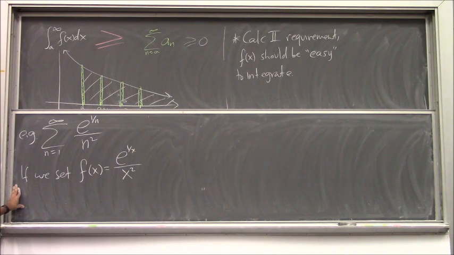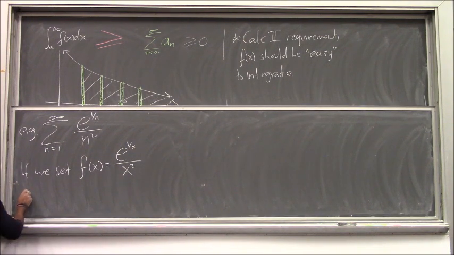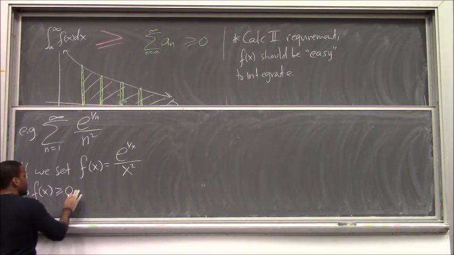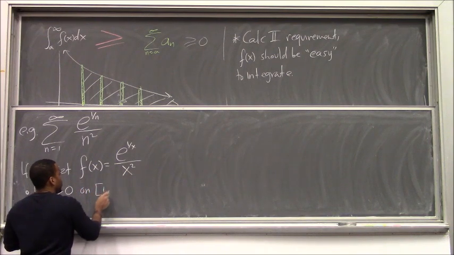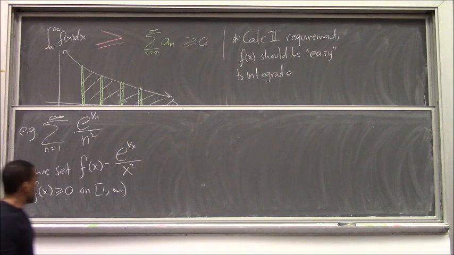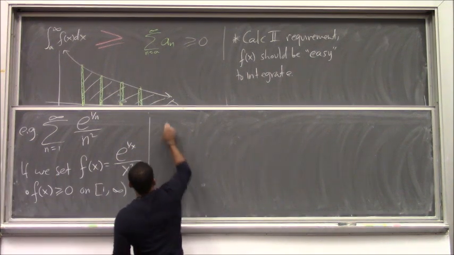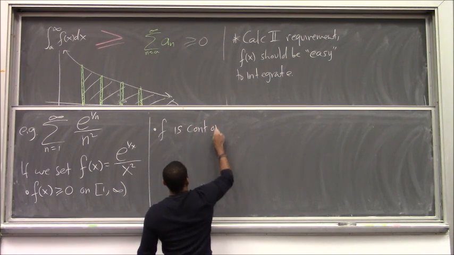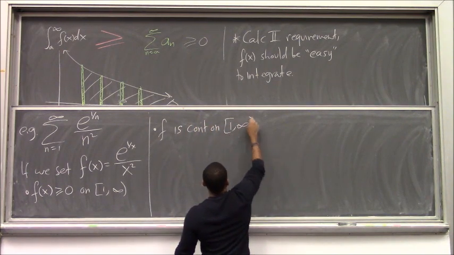You're going to notice certain things. One, f of x is always going to be positive. In fact, it's going to be strictly greater than 0 on the interval 1 to infinity. You are also going to notice that f of x is continuous on 1 to infinity.